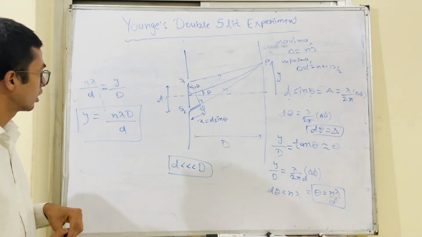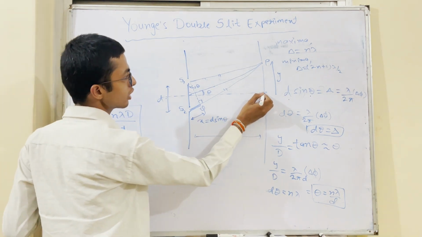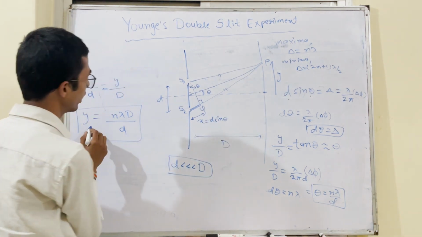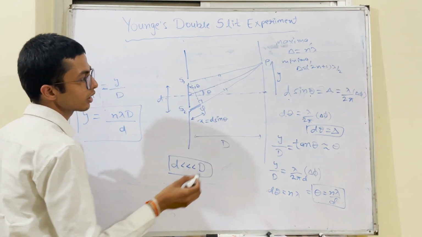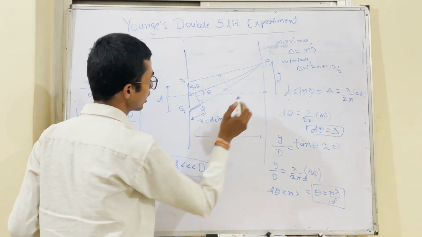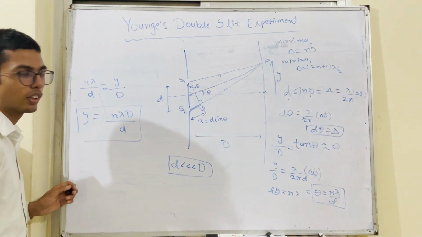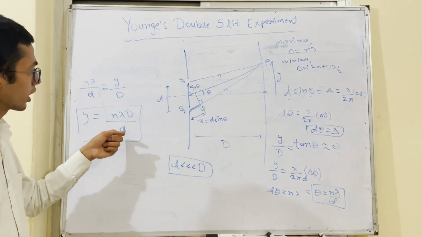If I put n as 0, y value comes as 0, so here will be the central maximum, and if I put n as 1, the first bright fringe occurs at lambda capital D by small d.